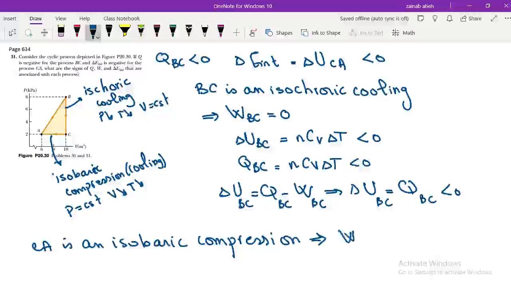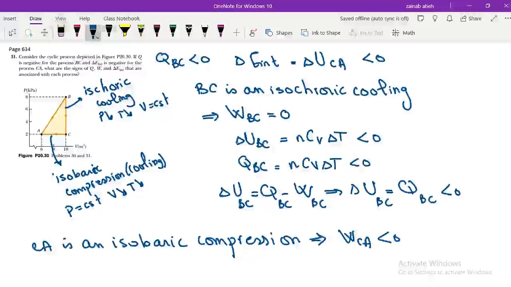We are compressing, and each time we are compressing, the work is negative, equal to minus the area under the curve. So WCA is negative. I write it directly, no need to calculate it. It's equal to P delta V, and here delta V is negative, so it's negative anyway.